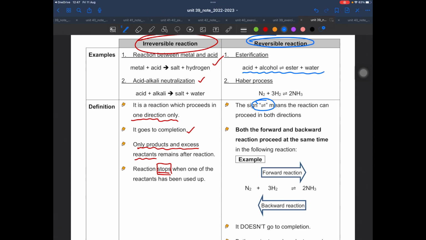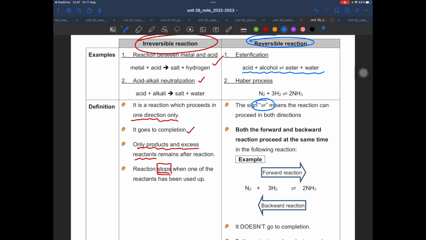Esterification: the carboxylic acid and alcohol will turn into ester and water, but with hydrolysis, this is something you have learned, right? With hydrolysis, ester can react with water to break down into carboxylic acid and alcohol. Well, that means some product can turn back into reactant.